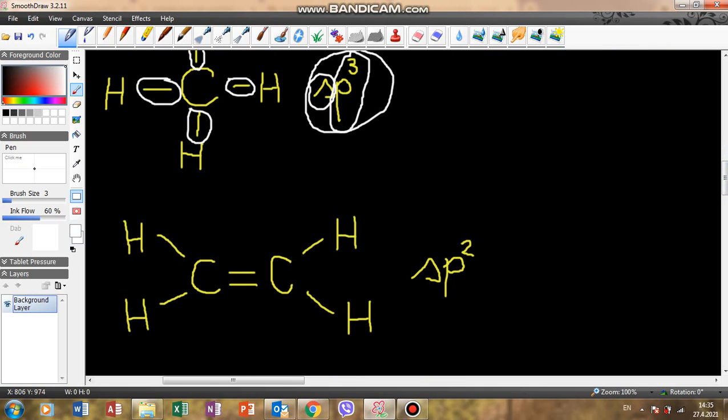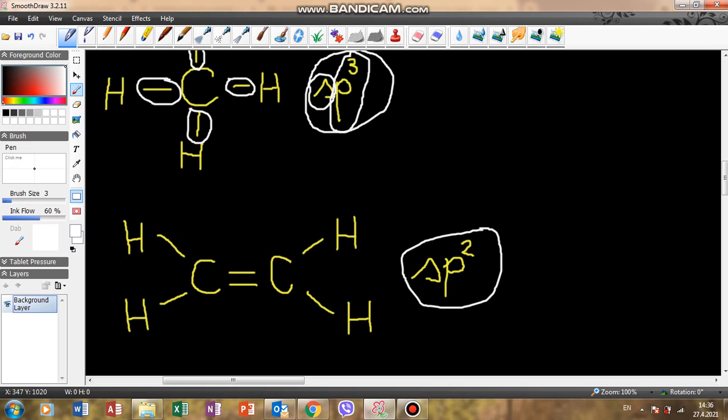In the case of sp2 hybridization, let's define it first. So sp2 hybridization is combining 1 s atomic orbital and 2 p atomic orbitals, which forms 3 sp2 hybrid orbitals. And we have here as an example ethene compound.